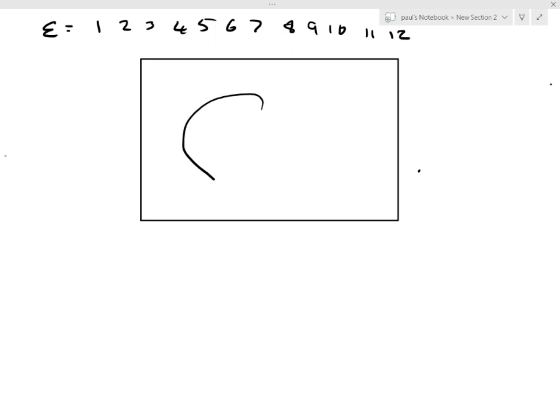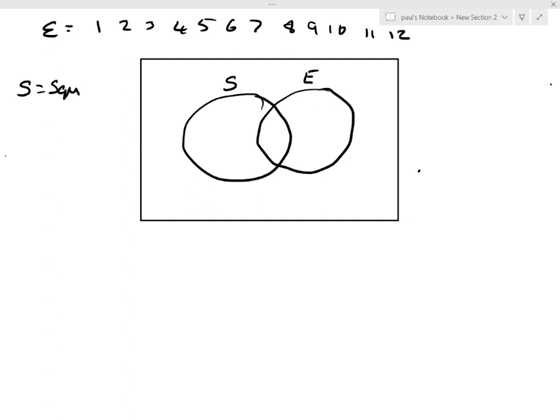And let's put the 2 circles in there. S and E. So S equals a square number, and E equals an even number. So first job, let's have a look at this, and then we've got a probability question.